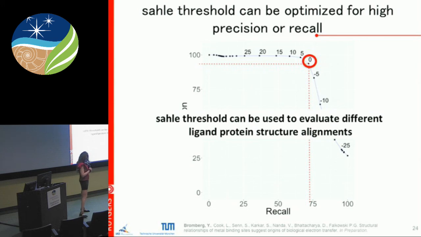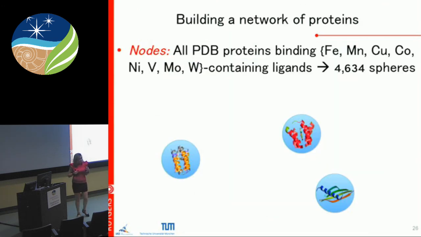Okay. So now I can take all the protein structures that I want, and I can make alignments with them. I was interested in the evolution of biological redox, and for that I needed all proteins that bind transition metals. I excluded zinc from this consideration because zinc is very often used for transcription activities, for DNA regulation activities, and I didn't want them in there.